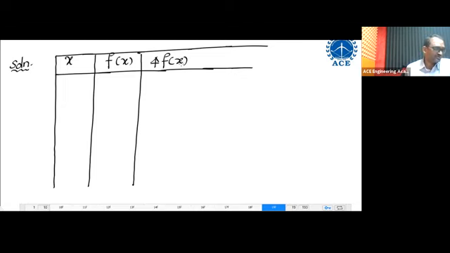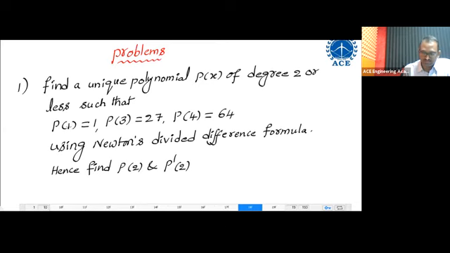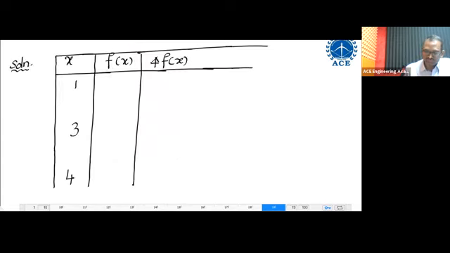What are x values? X values are 1, 3, 4. These are x values. These are y values 1, 27, 64. Y or f of x same. This is the first order divided difference.